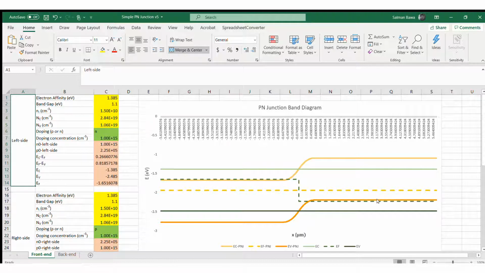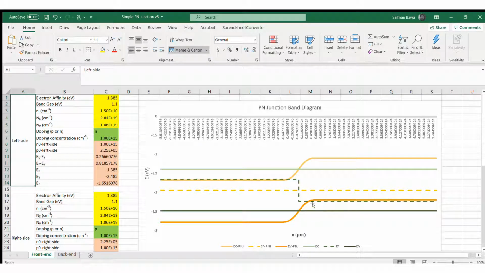On the right side, in this case the P side, we need to maintain that the EF minus EV after the p-n junction formation remains the same as EF minus EV before the junction formation.